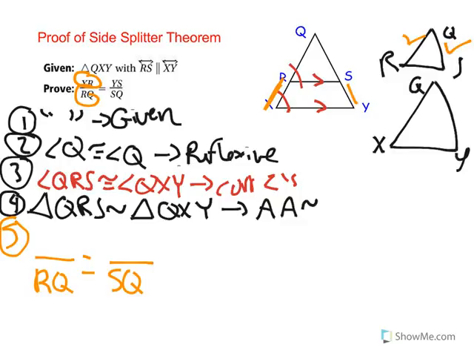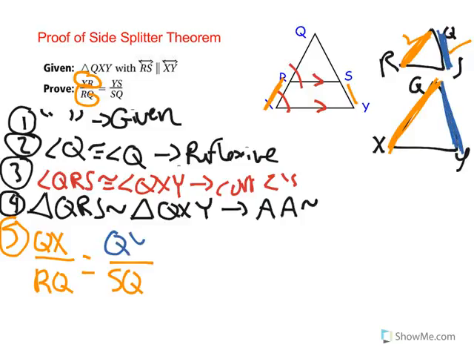So, looking at the two triangles, if this is my RQ side, then QX would have to be the corresponding side. So those two would have to go in the same ratio. And if this is QS, then QY would be the corresponding side.